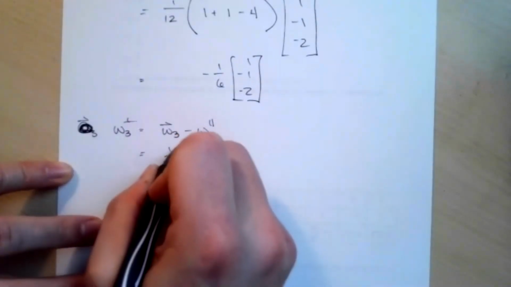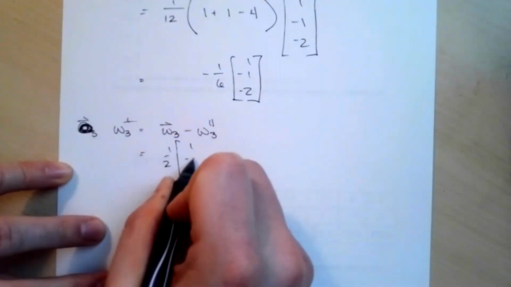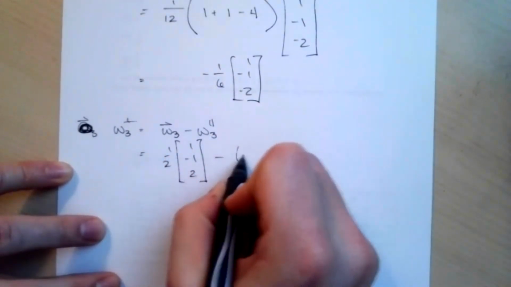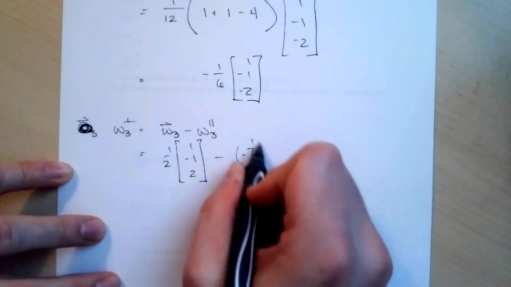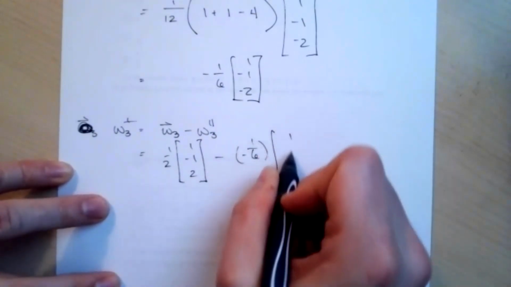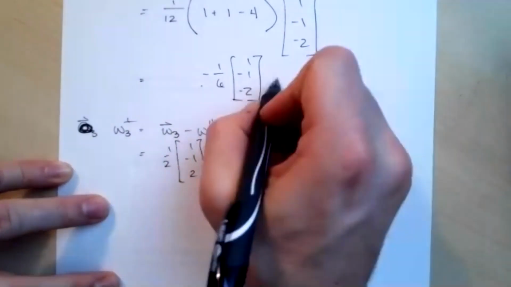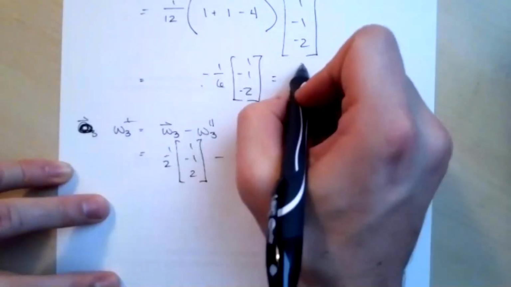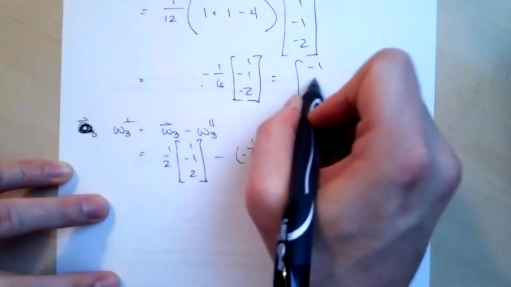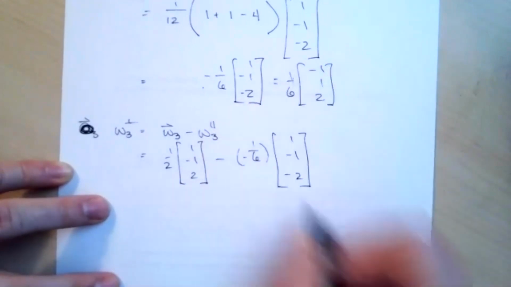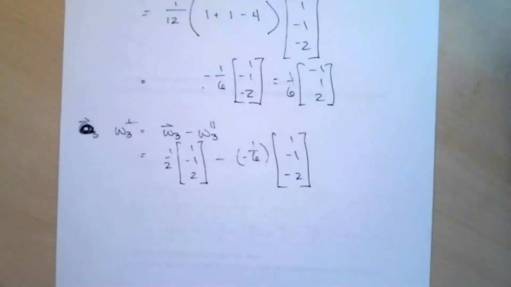It was 1/2, 1, minus 1, 2. And we want to subtract off our negative 1/6, 1, minus 1, minus 2. If you wanted to rewrite this and get rid of the negative out front, you could always distribute the negative, at least to keep these as integers, but not have to deal with extra minus signs if that's getting in the way. Either of those are fine though.